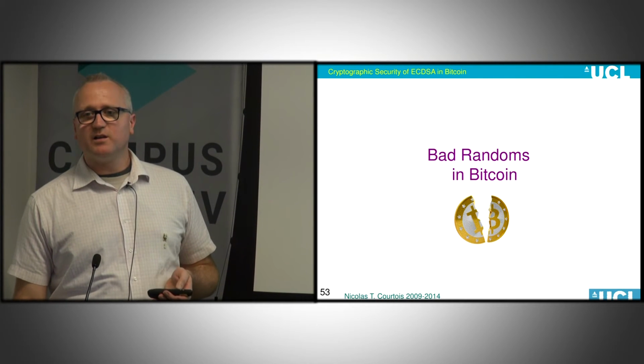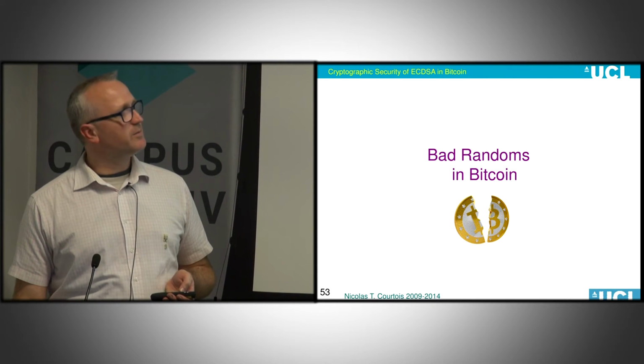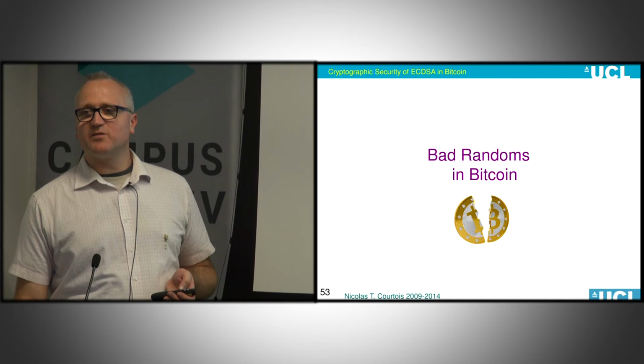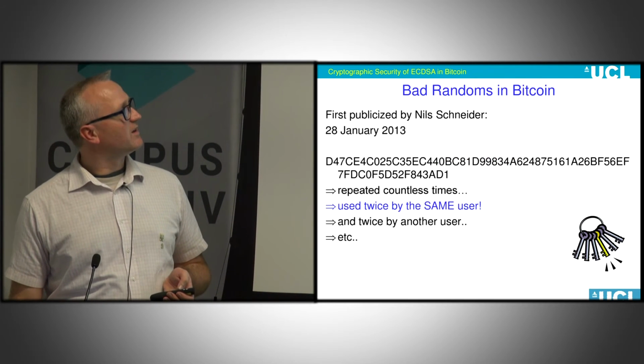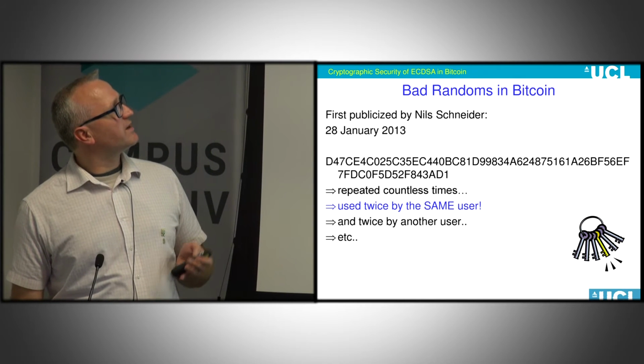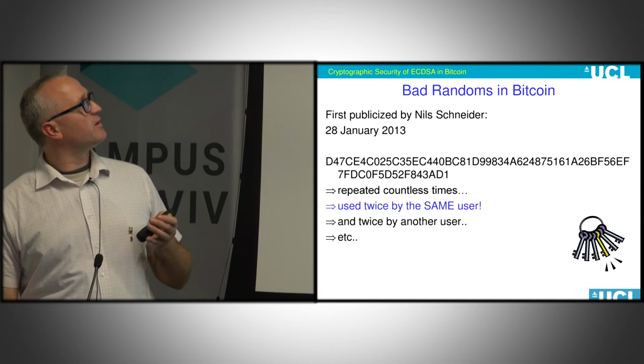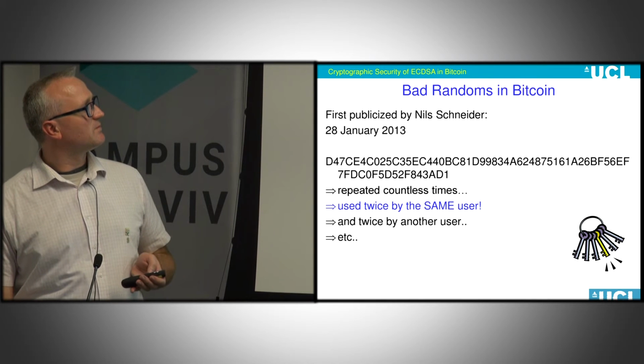In Bitcoin, we also had a similar situation. In Bitcoin, the bad randomness has been happening in outbreaks, like epidemics. Bad randoms have been known since January 2013.